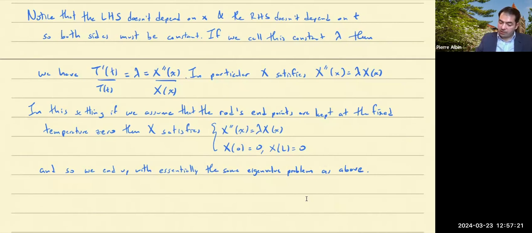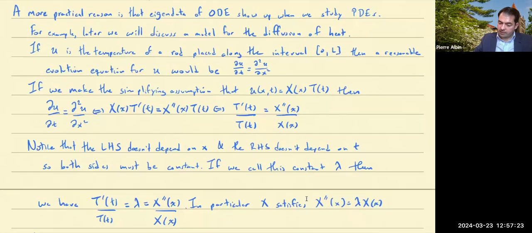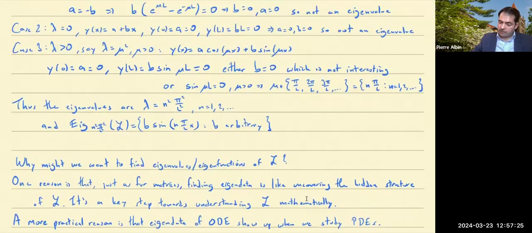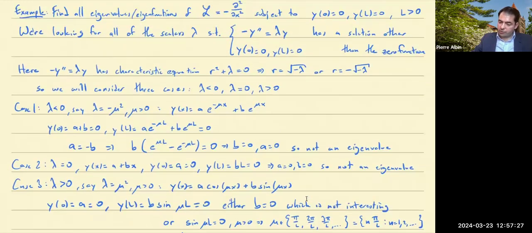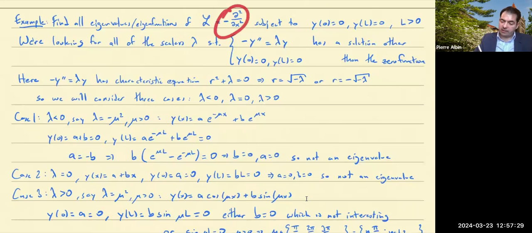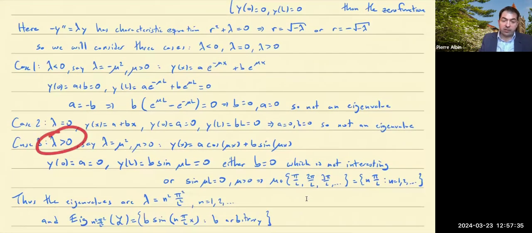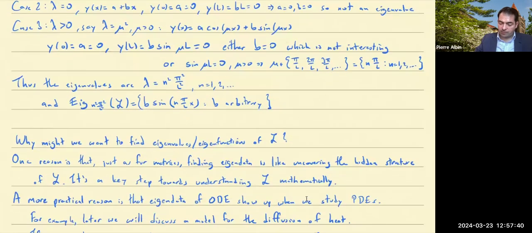Right, essentially the same because up above, I chose to put a minus sign in front of the second derivative. I like that choice because then it means that the eigenvalues end up being positive. And I prefer to have positive eigenvalues than negative eigenvalues.